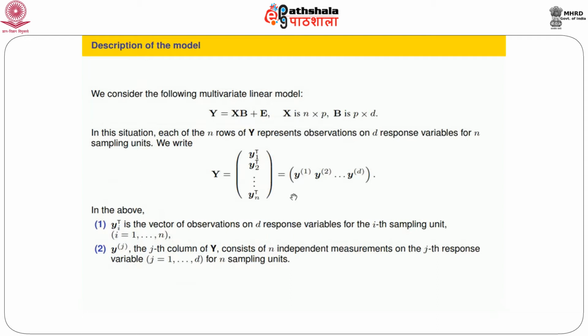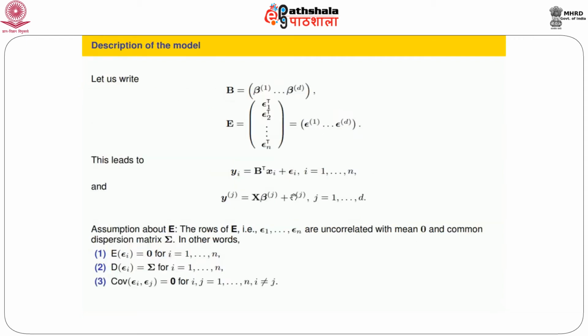That's the multivariate part really. And if we look at the first column of the Y matrix, these are the n independent measurements on the first response variable for n sampling units. And what about the B? B is, if we remember, written as beta 1 through beta superscript d.